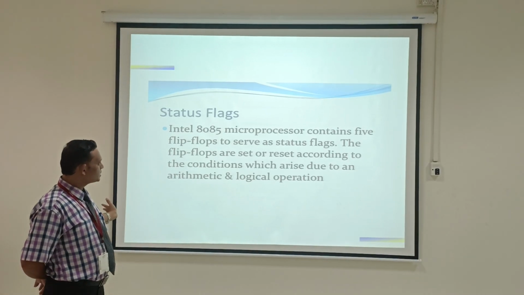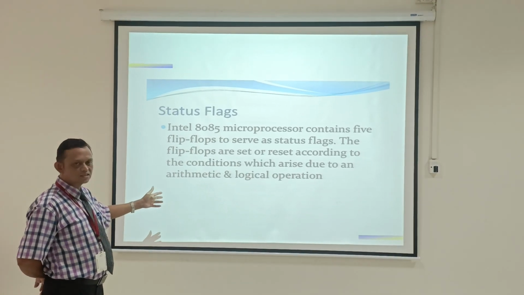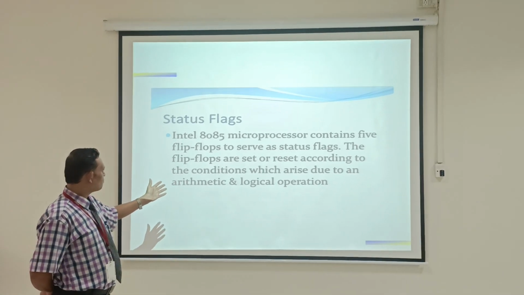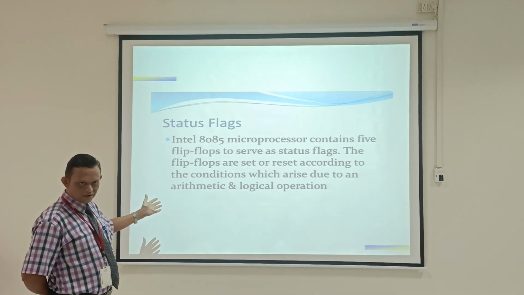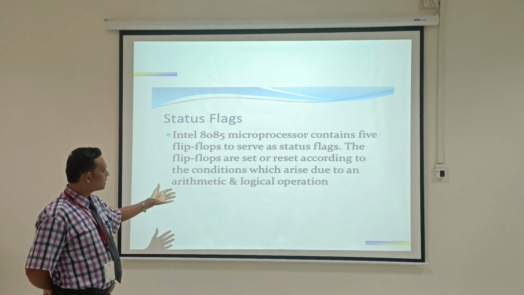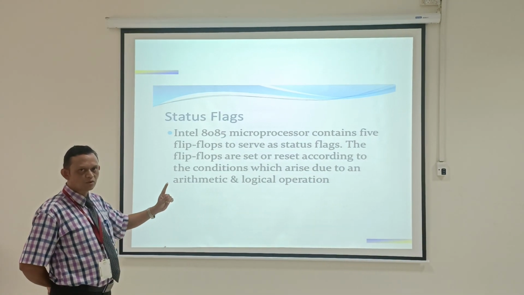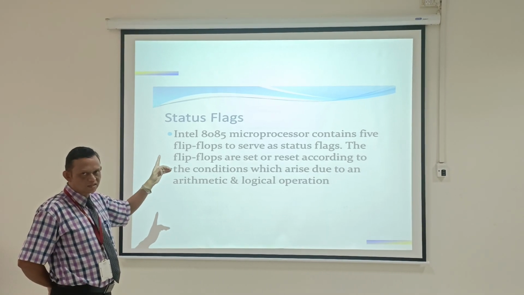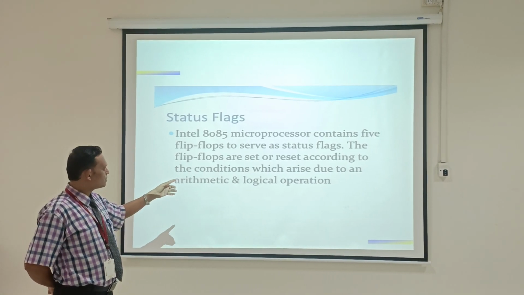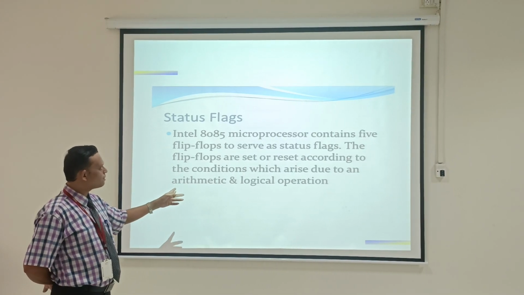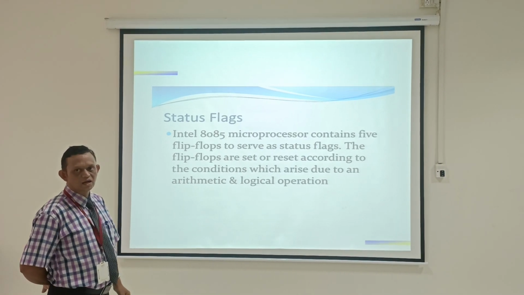So apart from these things, other internal registers are available. It is called flag. As you see here, the flag is nothing but a register. The register will contain flip-flops. The flip-flop is set or reset. Set in the sense we are putting 1 in the flip-flop. Reset in the sense we are putting 0, which equals clear. So according to the necessity, things will happen in terms of set or reset.